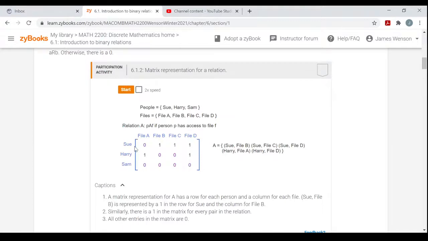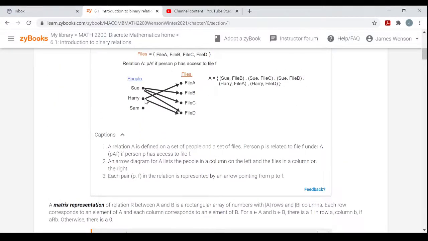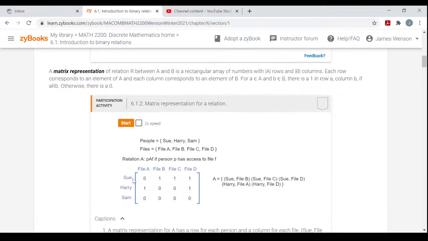And Sue does not have access to file A. So in the Sue row, file A column, see how that entry is a 0? That just means Sue does not have access to file A. But Sue does have access to file B, so you see a 1 there. Sue has access to file C, you see a 1 again. And Sue has access to file D, you see a 1 again.